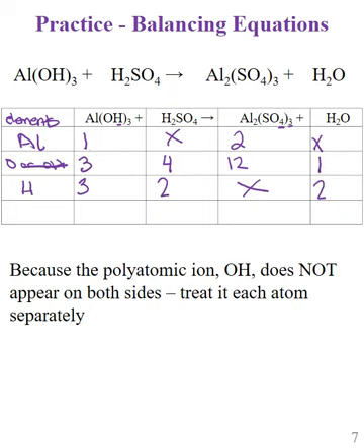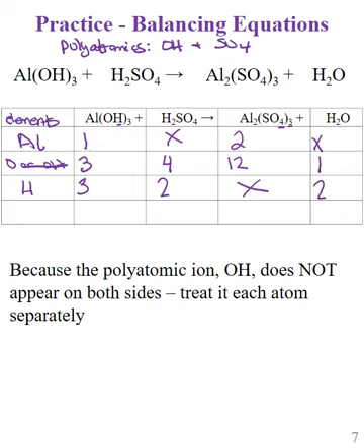Alright, so far I have aluminum, oxygen, and hydrogen. What other atom or polyatomic do I not have? Now I have a second polyatomic, SO4. So the polyatomics in this equation are OH and SO4. Those come from the table we looked at in chapter 2.